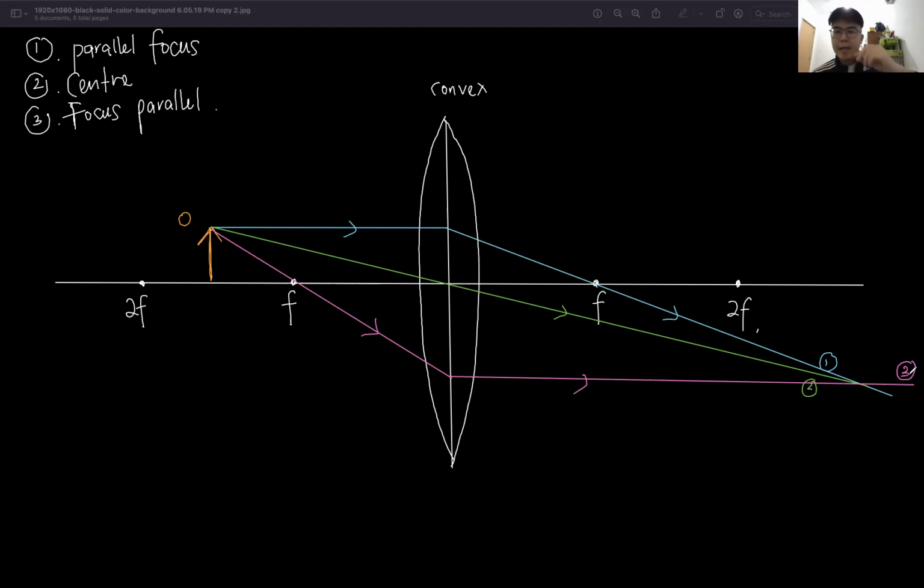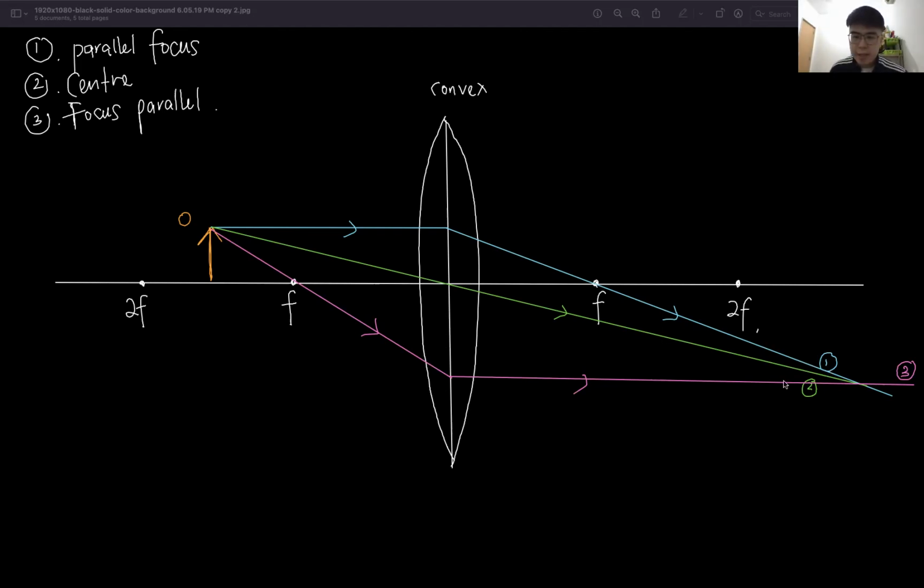You can use any 2 of the 3 rules to draw your ray diagram. Just pick 2, no need to draw 3. You can pick 1 and 2, 2 and 3, or 1 and 3, or you can just stick to 1 and 2 only. Now they intersect here, which means how do you draw your image?